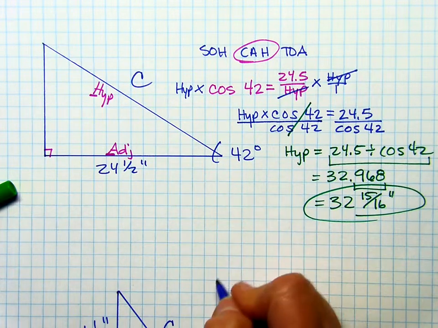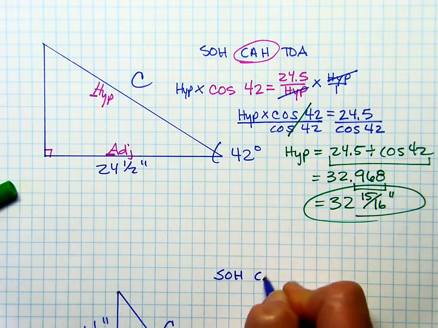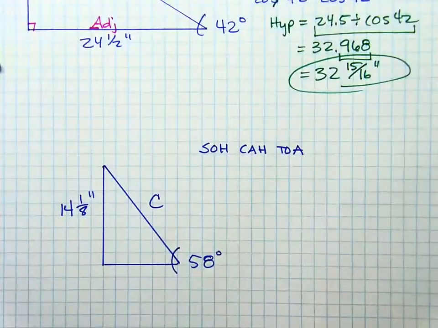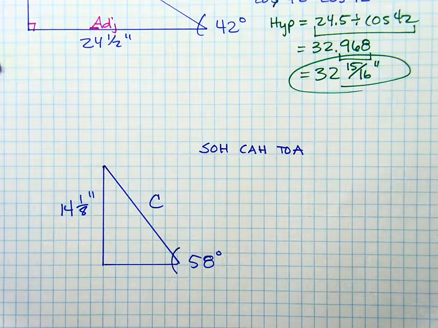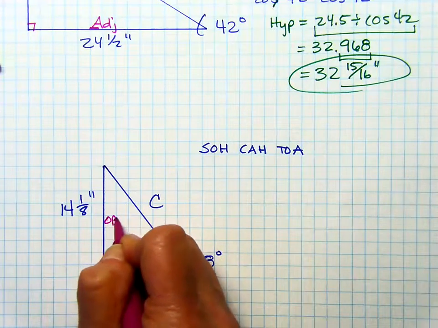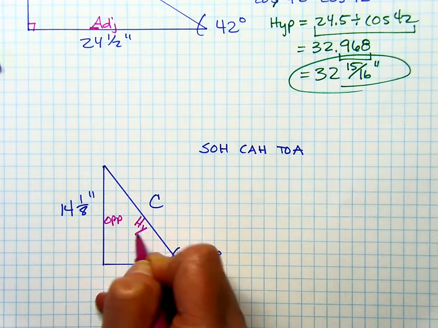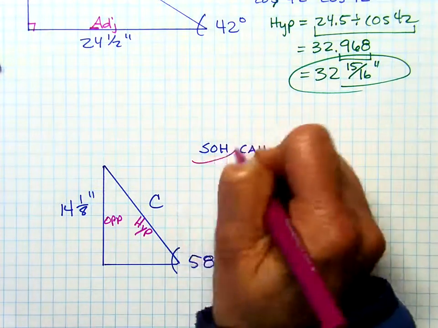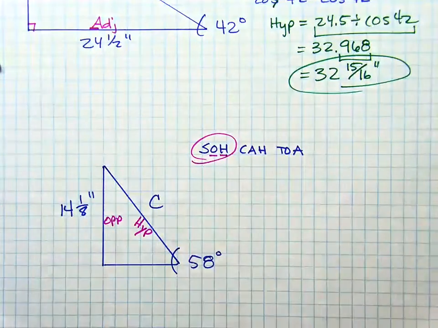Okay, and so I'm going to write Sohcahtoa again. Okay, sorry about that. Okay, and let's label our sides in accordance to this angle. This should be the opposite, and this should be the hypotenuse. So what function has opposite and hypotenuse in it? Looks like sine does. Okay, we've got opposite and hypotenuse.